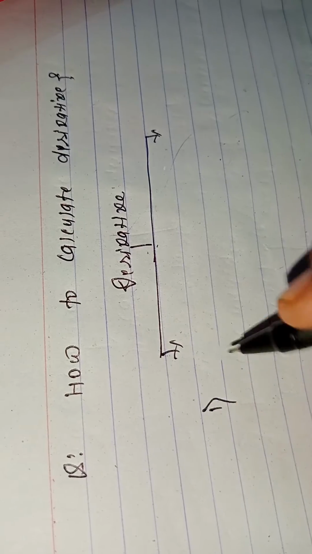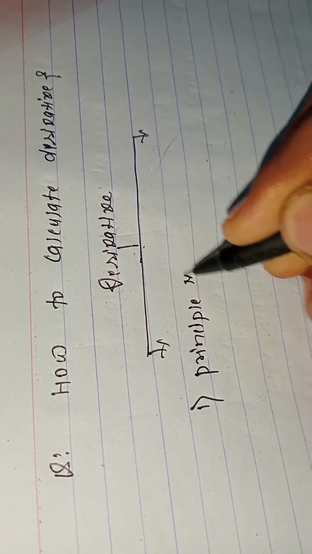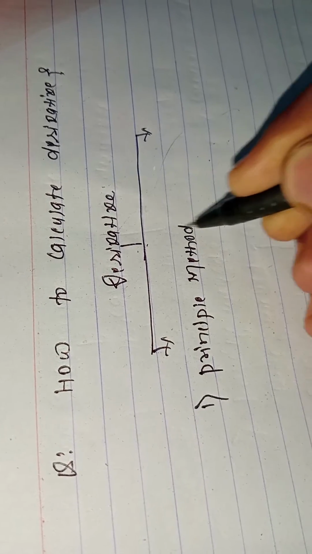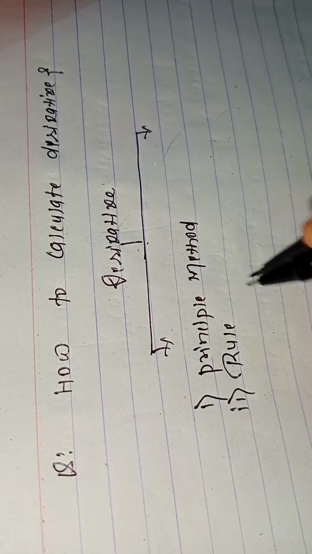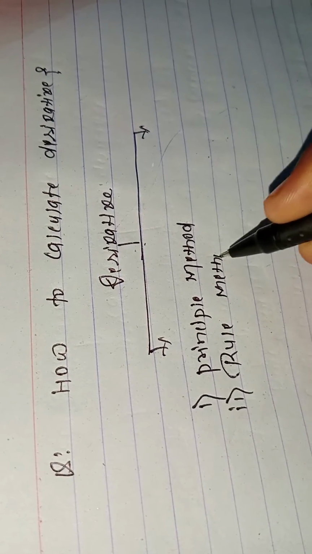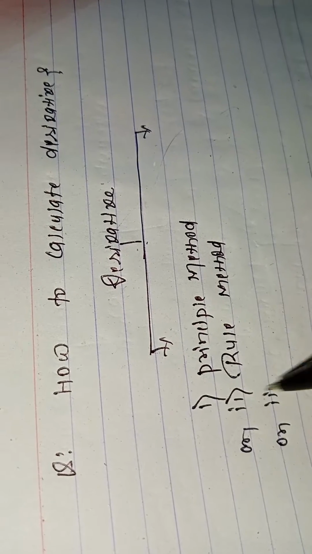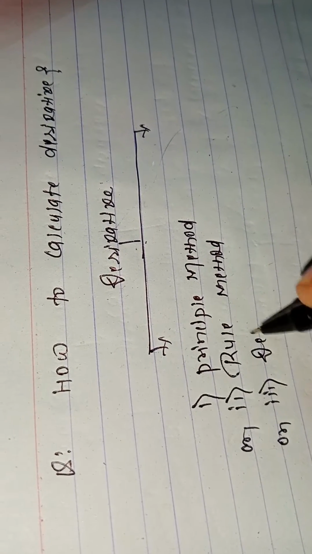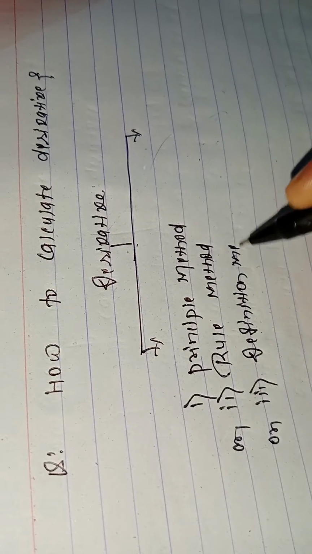The first one is the principal method. It can also be called the rule method, or it can be considered the definition method.